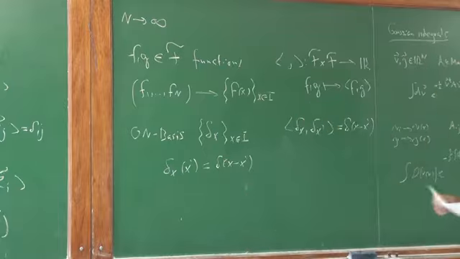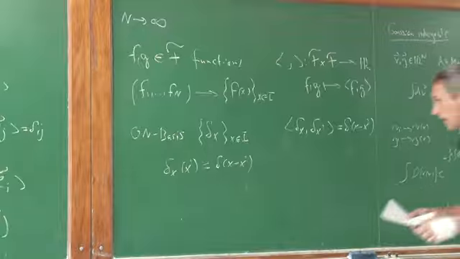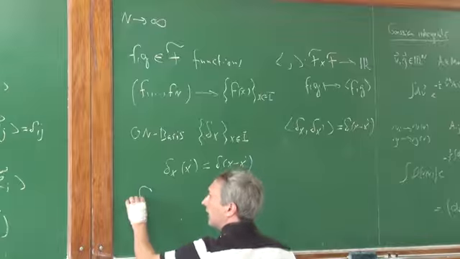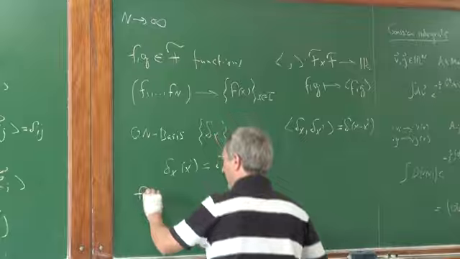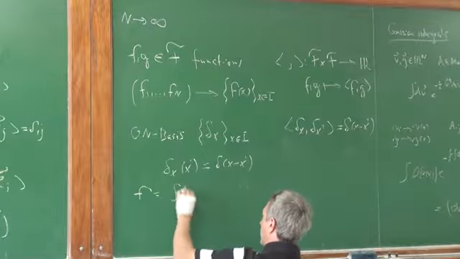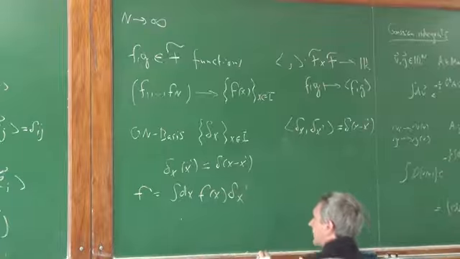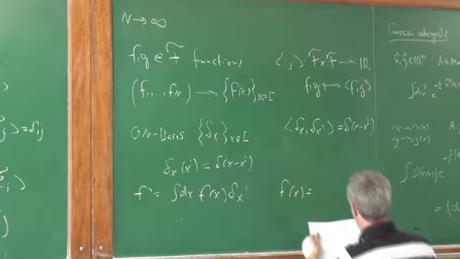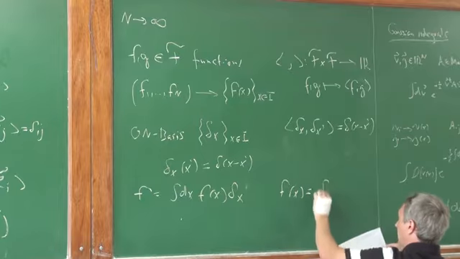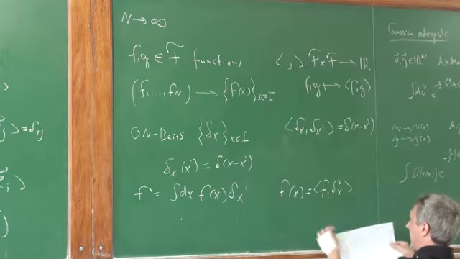So then you can define every function as a linear combination of your basis vectors. You can now define the function in this way, where f of x is the scalar product of f with delta x.